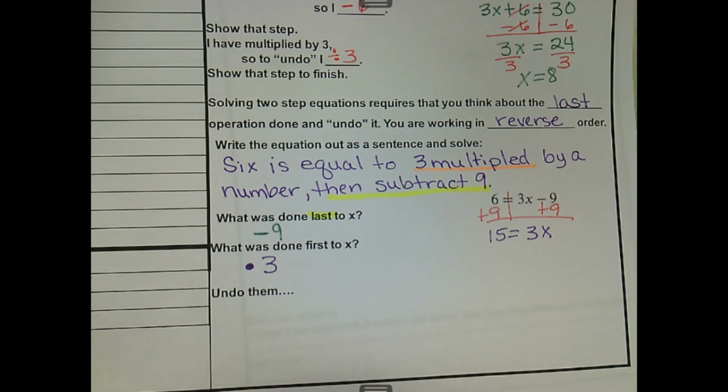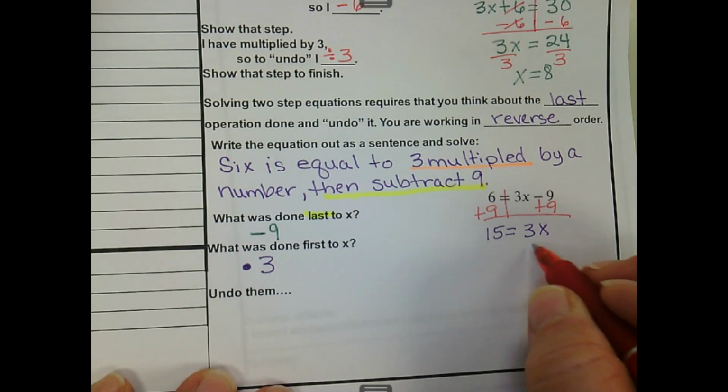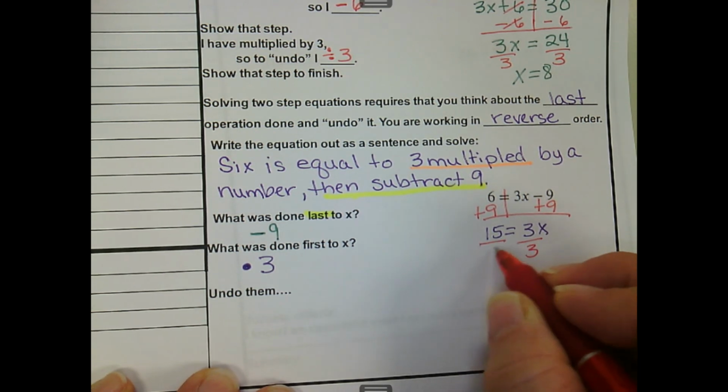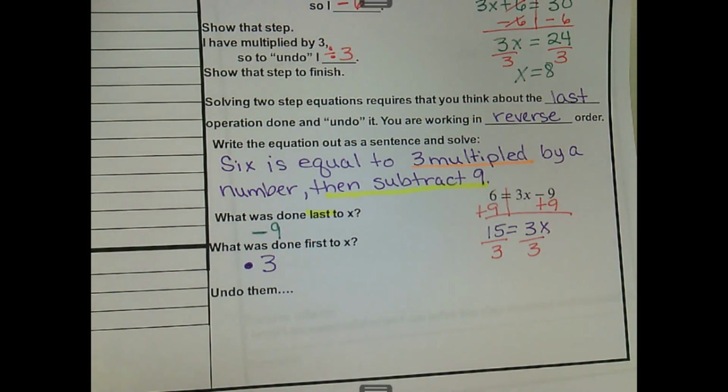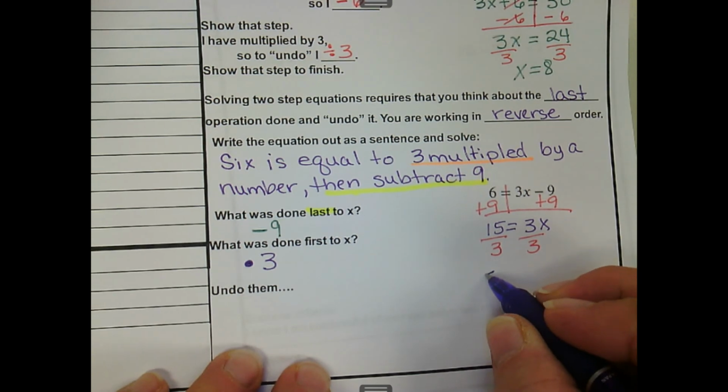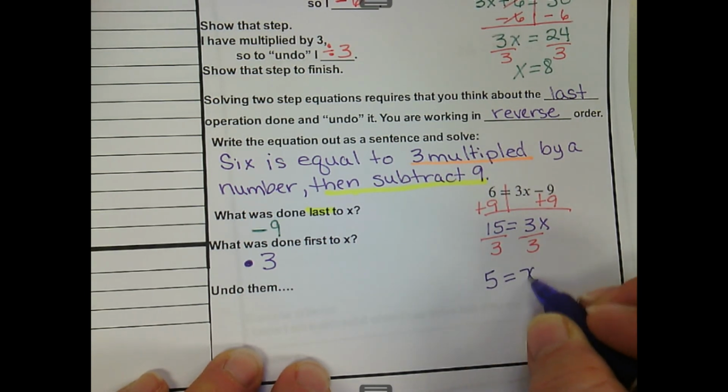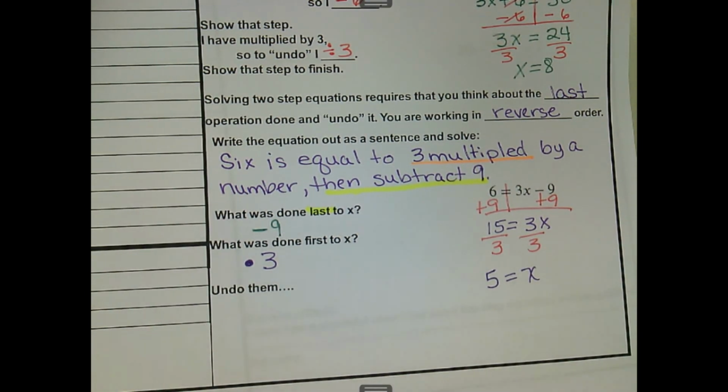Multiplied by 3. How do you undo multiplying by 3? You divide by 3. So 5 is equal to x. So as we're working through this, it doesn't matter how many steps there are. You always start with the thing that was done last and undo it, and you work in reverse order.